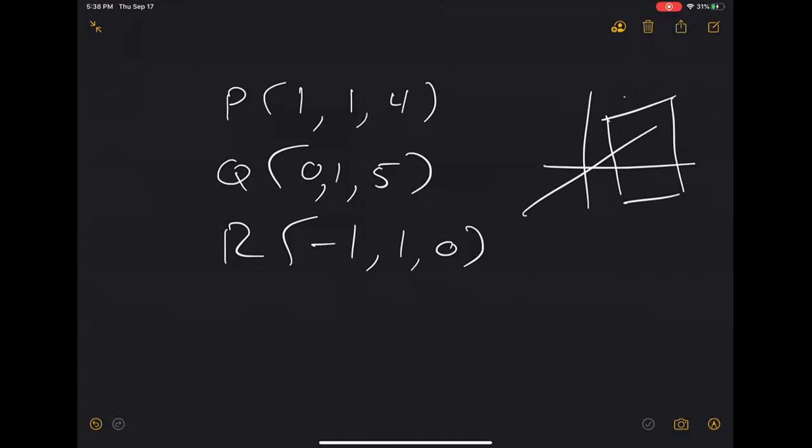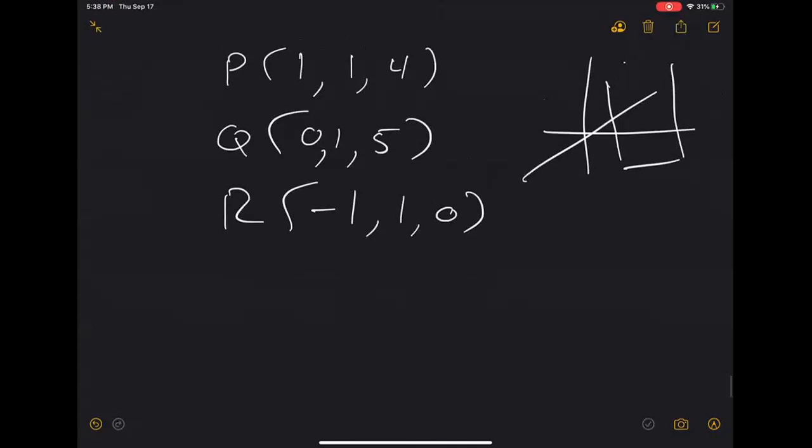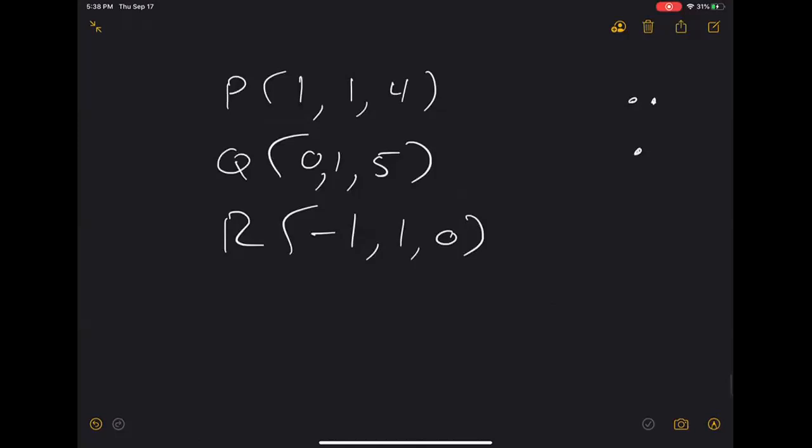So we want to find the equation of that plane. Let's draw a rough idea of what's going on. We have these 3 points that are roughly oriented like this. That's P, that's Q, that's R.